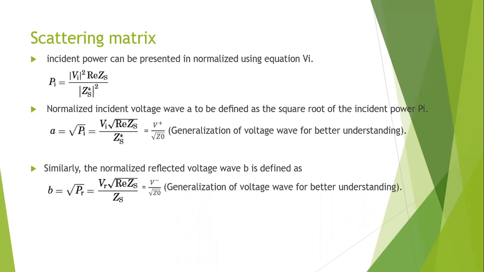Normally, the normalized incident voltage wave is defined as the square root of the incident power. So here A is the normalized incident voltage wave, B is the normalized reflected voltage wave. These waves travel forward towards the load and are reflected back away from the load. A is the forward traveling wave, B is the reflected traveling wave, and those values are given in the slides.